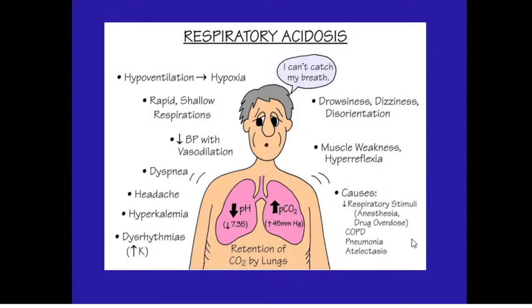What are the causes of respiratory acidosis? Decreased respiratory stimuli, for example, overdose of some drugs during anesthesia, pneumonia, status epilepticus, which means something that does not allow the lungs to take enough oxygen and leads to the retention of carbon dioxide.